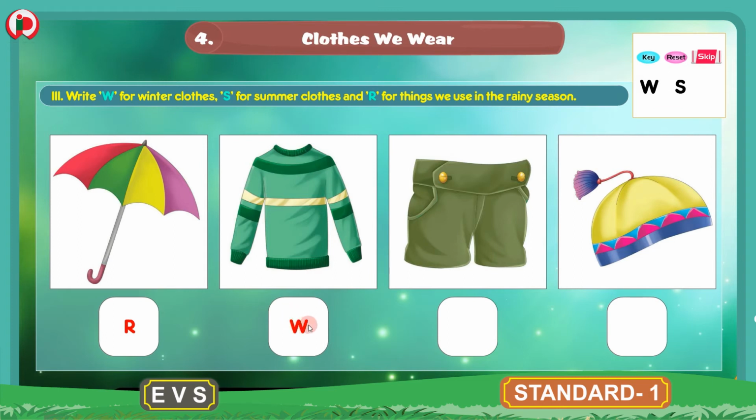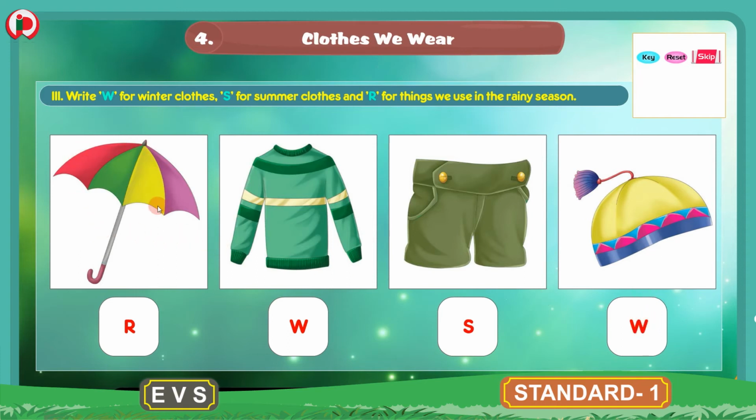W is for winter season, we wear a sweater in winter. And these are shorts. We wear shorts in summer season. S for summer season, we will write here S in the box. And the next is the woolen cap. We wear a woolen cap in winter season, we will write here W.